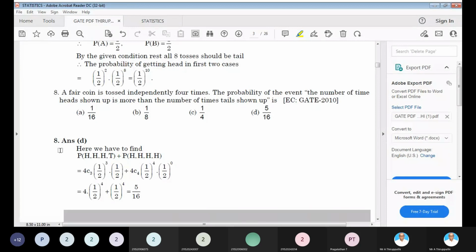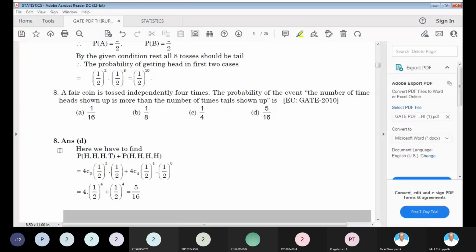The probability of the event E1, that the number of times head shows up is more than the number of times tail. That is, the number of heads is more than the number of tails. Now more than 2 means either 3 heads and 1 tail, or all 4 heads. Greater than 2 means 2 is not possible, so 3 and 4 only.